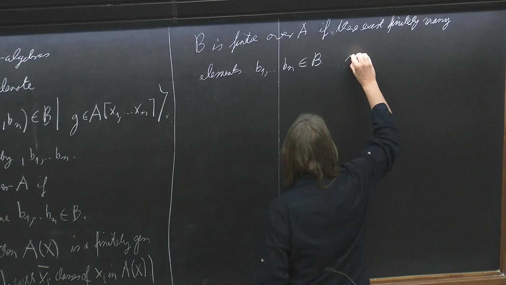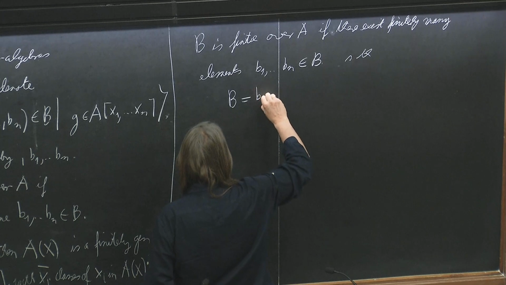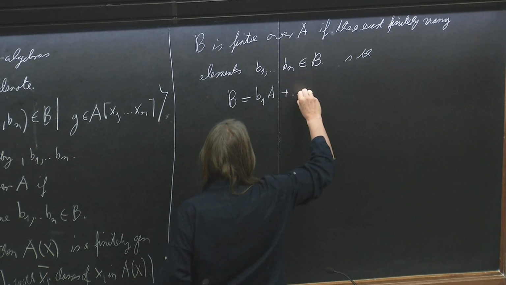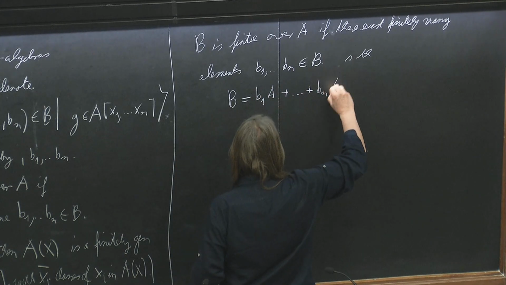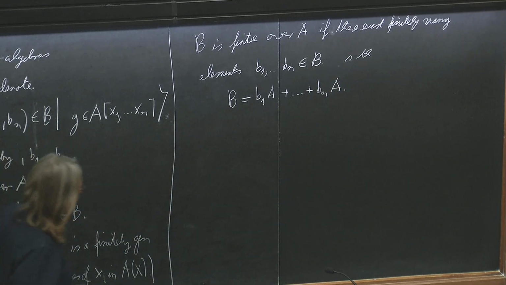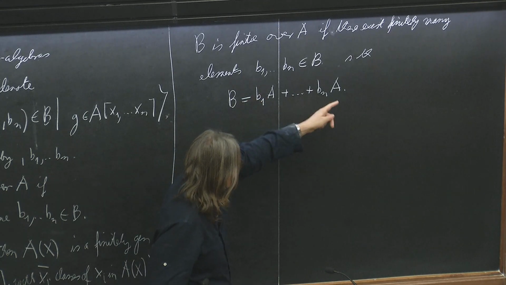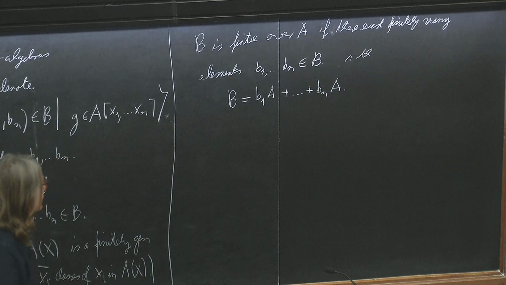So every B in B can be written as B1A1 plus and so on Bn An, where the Ai are elements of A.